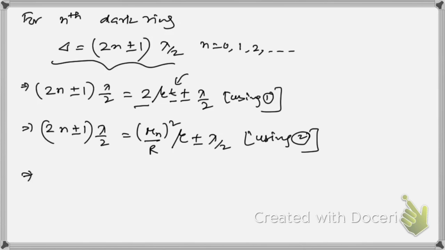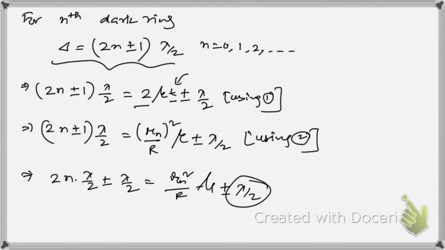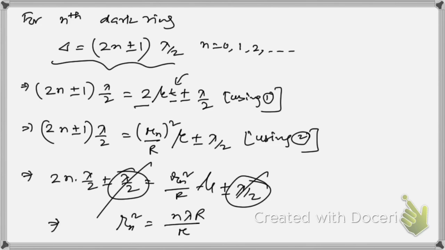So then if you simplify this, then what are you gonna get, right? So 2n lambda by 2 plus minus lambda by 2 and rn square by capital R mu plus minus lambda by 2. So this plus minus lambda by 2 cancels, right? So what we're gonna get, we're gonna get rn square, that's gonna be equal to n lambda R by mu, and taking square root on both sides, we're gonna get this result.